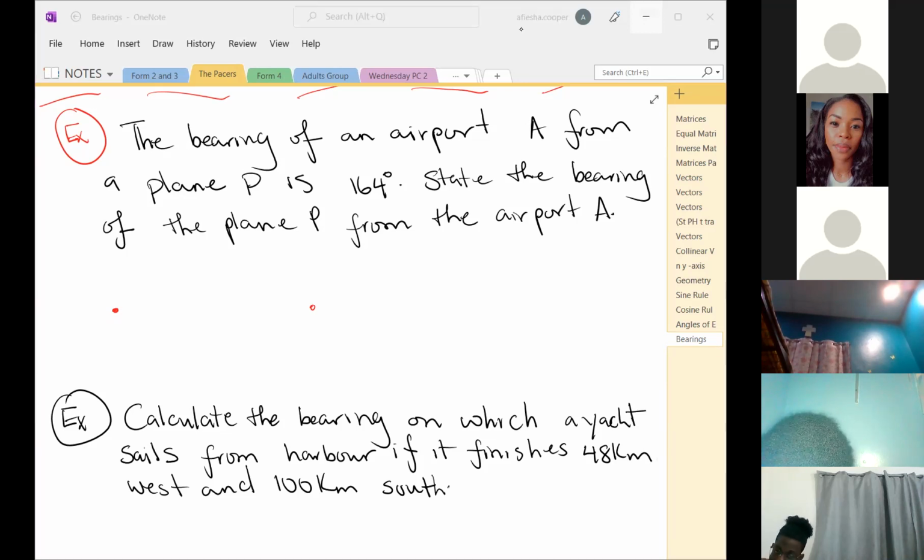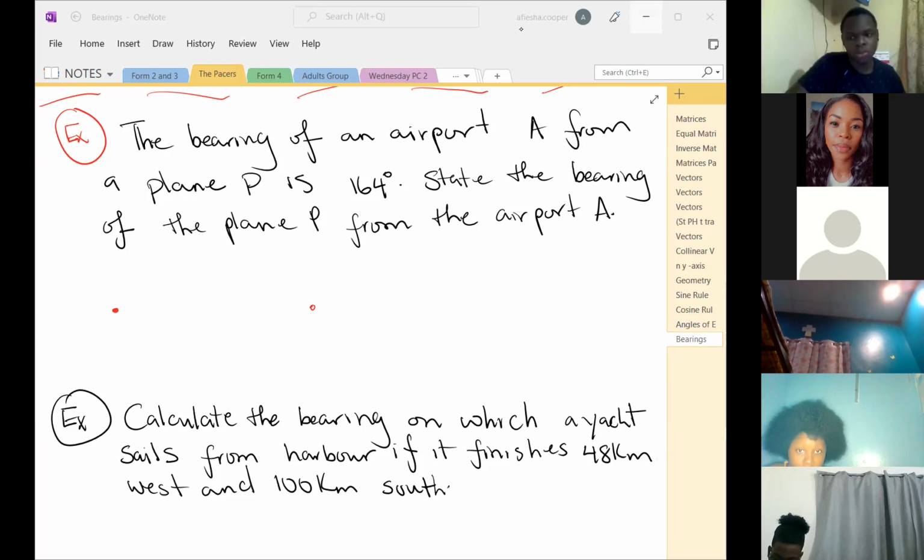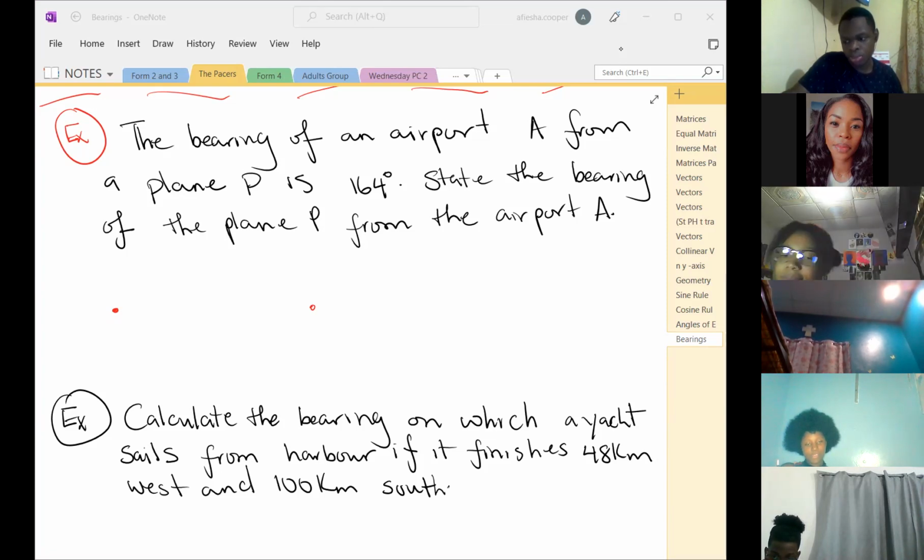All right, which point is left, which point is right? Leah, which point is left, which point is right? Would A be left and P be right?